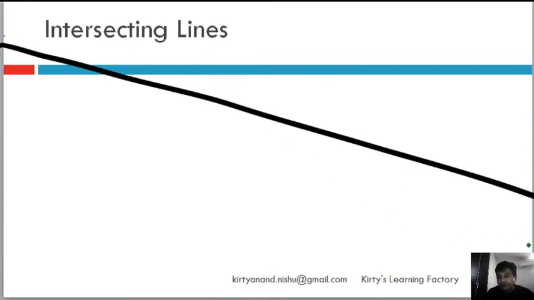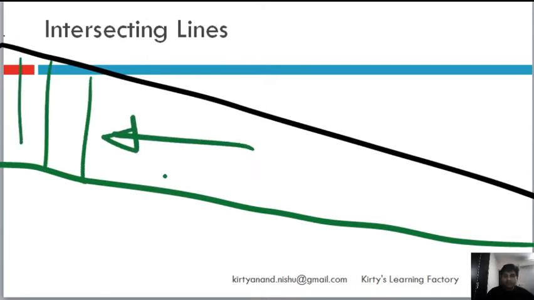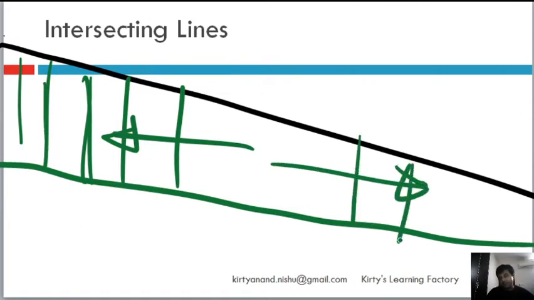Let's say I draw a line starting here and I go till here. So these are two lines. Now here, as you can see, as you move towards this side, the gap is increasing, but as you move towards this side, the gap is decreasing. So eventually, as the lines cross this white space and carry on, they will eventually intersect someplace. So these are also intersecting lines. You cannot say that they are not. Cool.